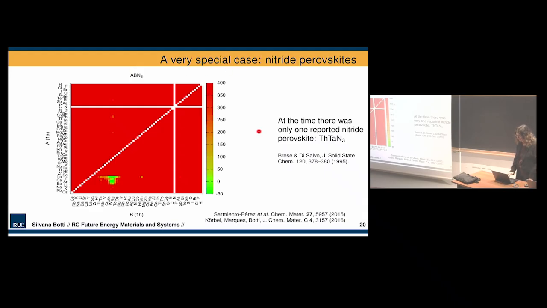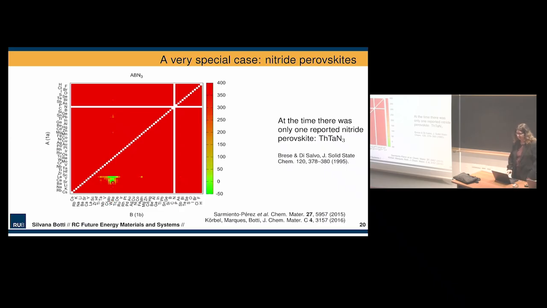But, we didn't know at the time, we had never found these articles, but then we found afterwards: in '95, there is an experimental article that reports a nitride perovskite with thorium and tantalum. At the time thorium was not in our set, we didn't have lanthanides and actinides in our set. And so you see that then we tried.